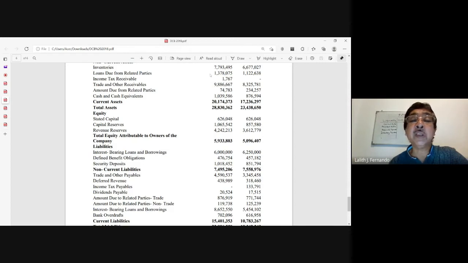So we can get rid of only the inventories. Others can also be taken as short-term items. So you can take all these things into consideration without the inventories, and it has to be divided by current liabilities.